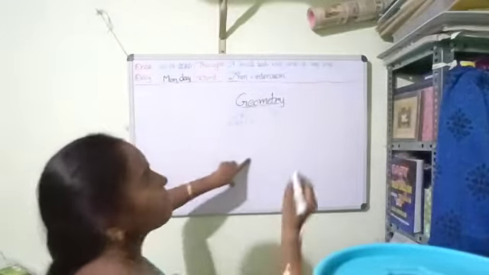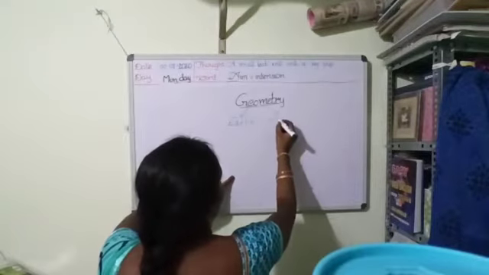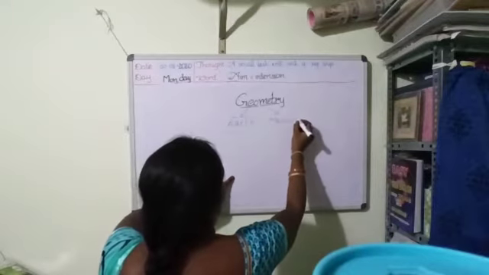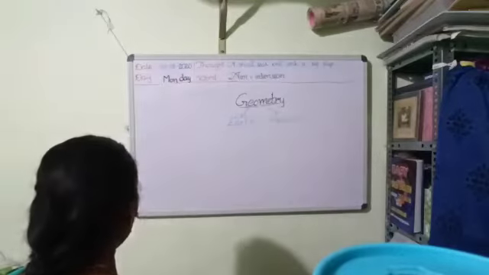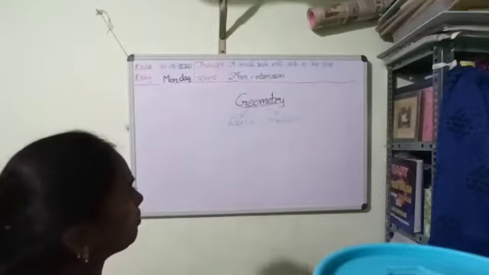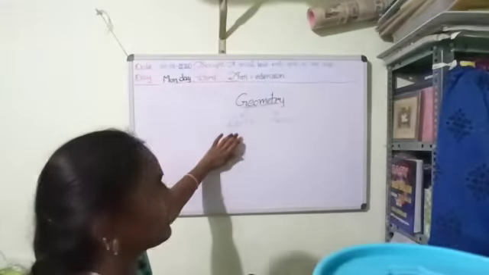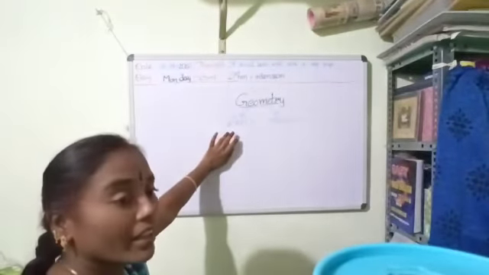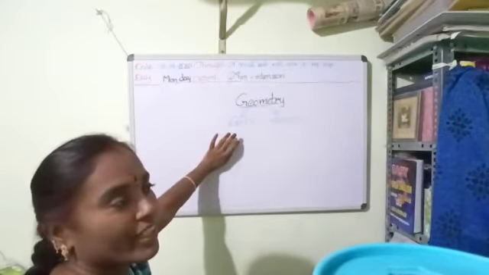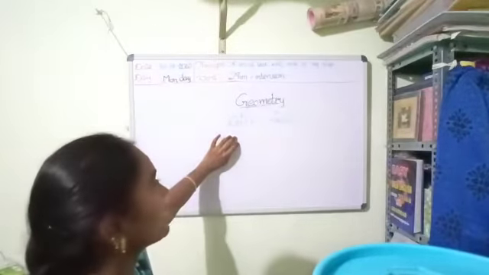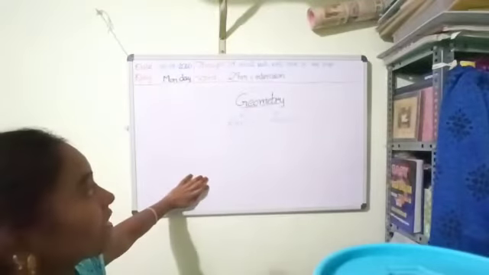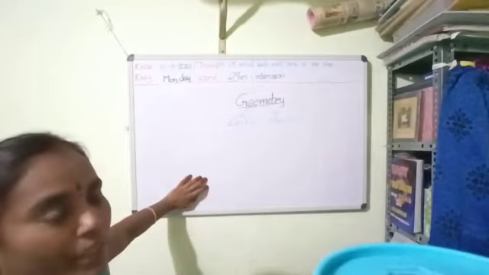What is the meaning of geometry? On the earth we are seeing so many things. These things we have to measure. So that is called geometry. So today we are discussing this geometry topic.